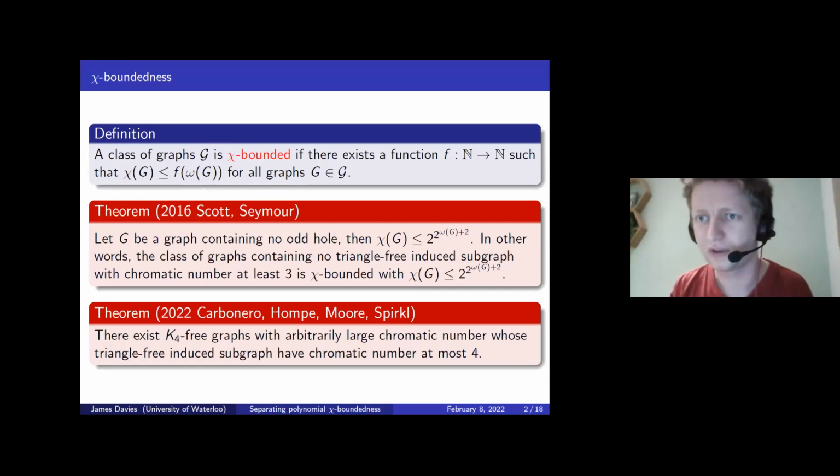And that everything is reduced to the triangle-free case, which sounds silly, but before this breakthrough, we had no example to say that wasn't true. And that to me really highlighted that I didn't really understand what the definition of chi-boundedness was on some level. I've worked with chi-boundedness quite a bit now, and I'm writing my thesis on it this year.